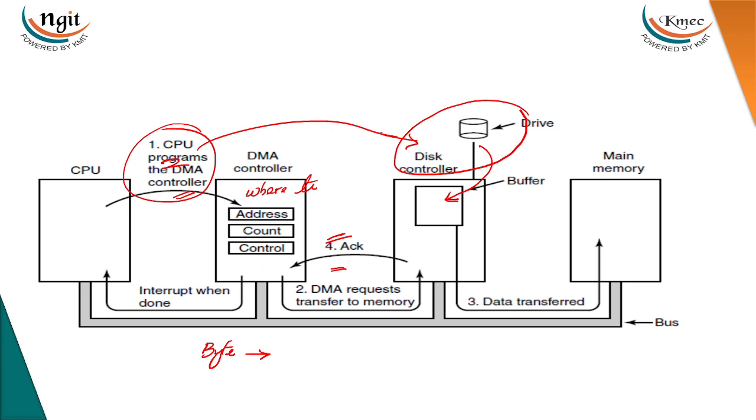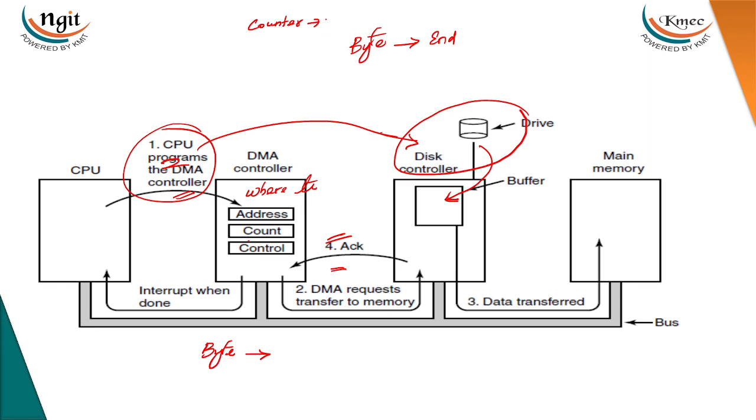That means the transfer goes between the DMA controller, the disk controller, and main memory. How do we find the end of the bytes? We use a byte counter value.